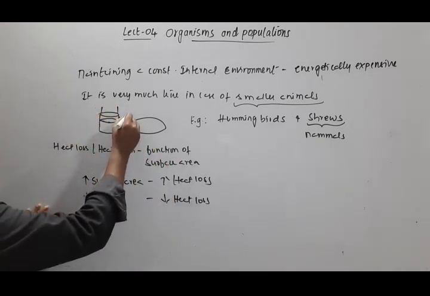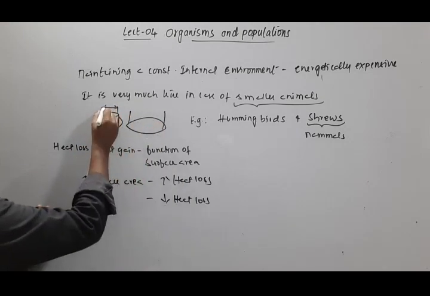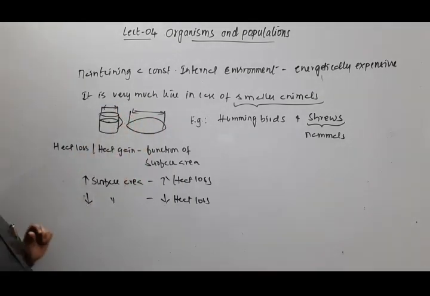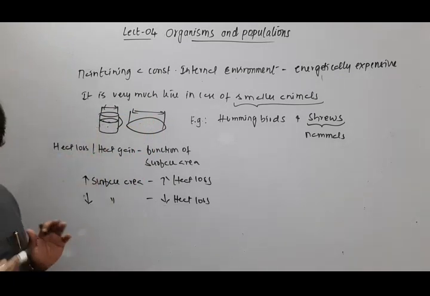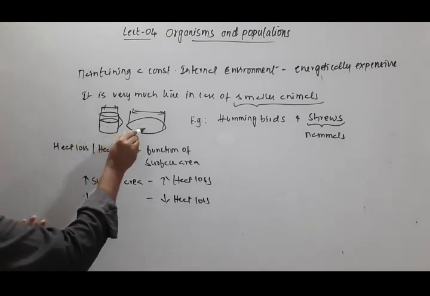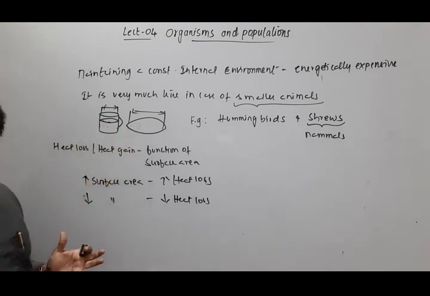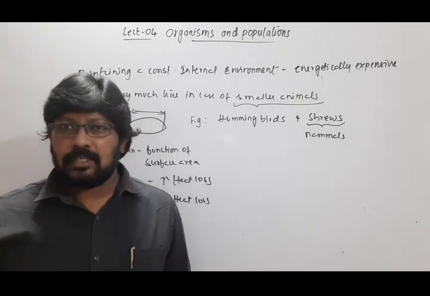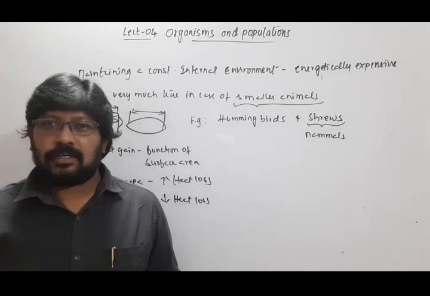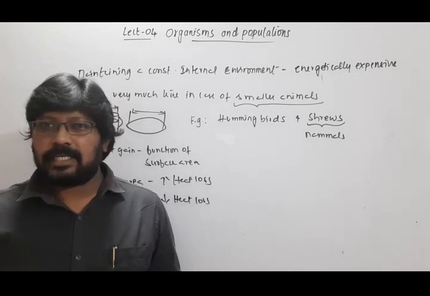But when you take a saucer, you can see the surface area is very high. For the tea in the cup to cool down, it takes time. If you pour it into the saucer, it becomes very cool, and you might have seen many people pouring the tea into the saucer to cool it down quickly and then drink it.